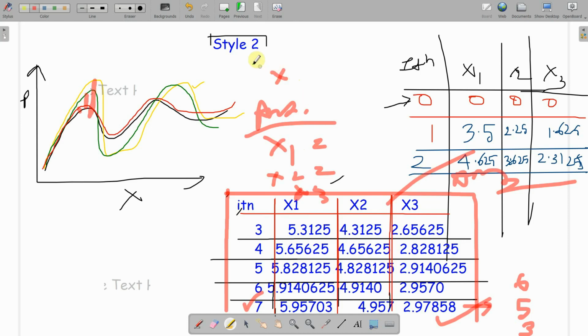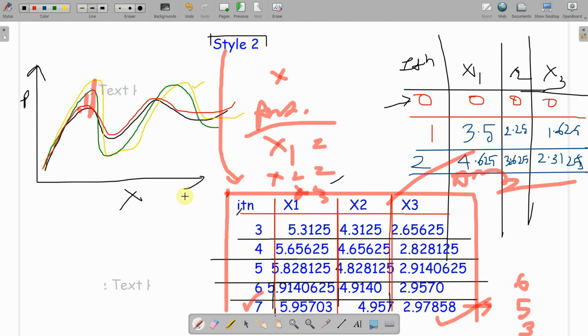This style 2 is more convenient because you will be using the tabulation part, not much writing you have to do. So this is how you will be doing the Gauss-Seidel method.